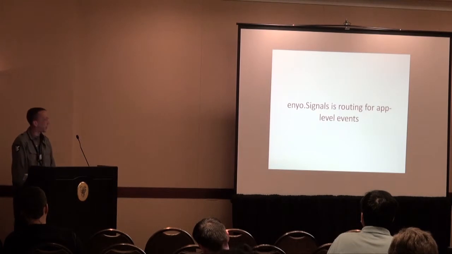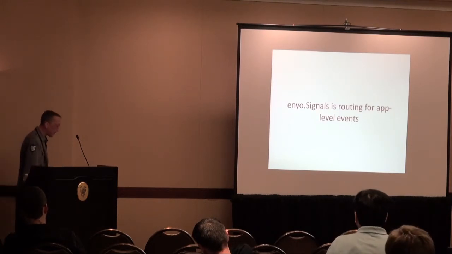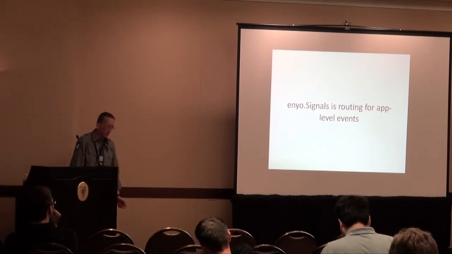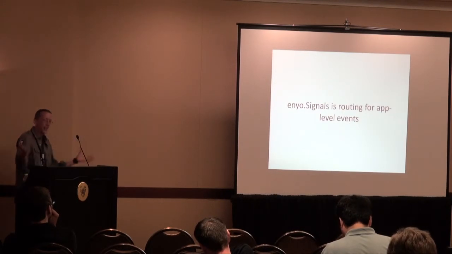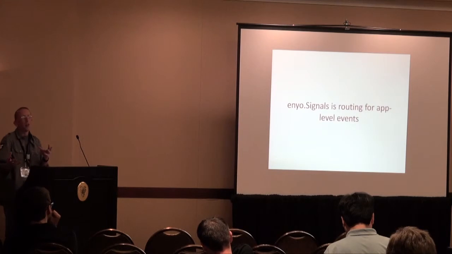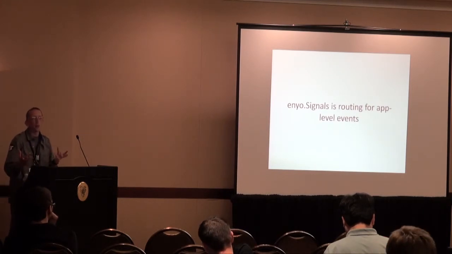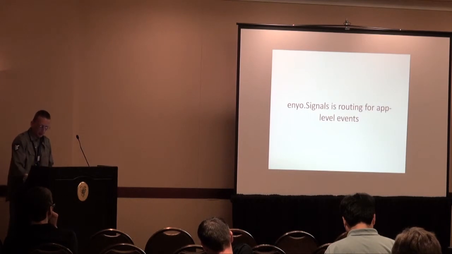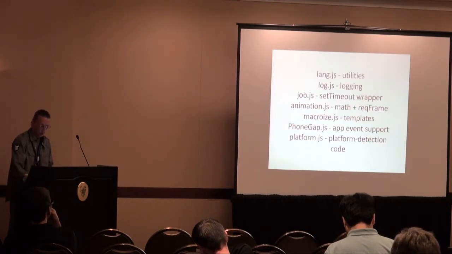All right, enyo.Signals. This is a special event handling system for app level events or things, events that aren't associated with DOM nodes, right? You want to use this enyo.Signals thing. Let's see if we've got a good example in here. Nope.